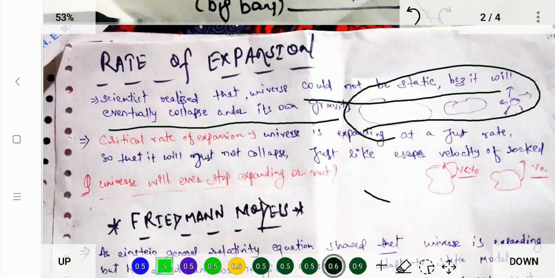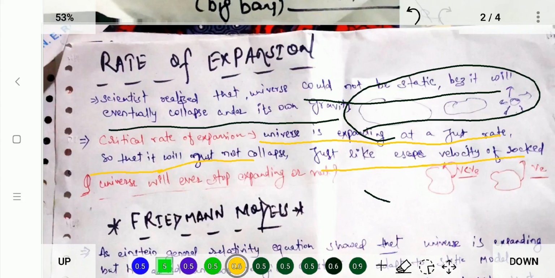Let's move to another topic, the critical rate of expansion. This is a very interesting topic. The universe is expanding at just the right rate so that it will not collapse, just like the escape velocity of a rocket.